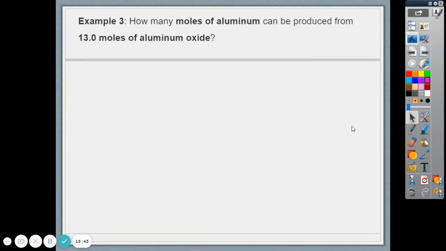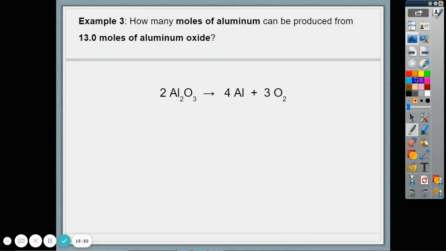Okay, one more example. How many moles of aluminum can be produced from 13 moles of aluminum oxide? First step, always, write down your given, 13 moles of aluminum oxide.